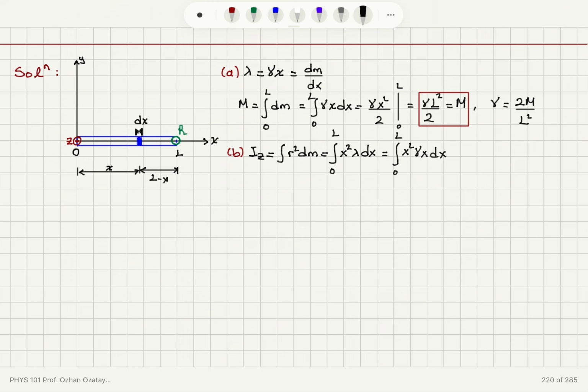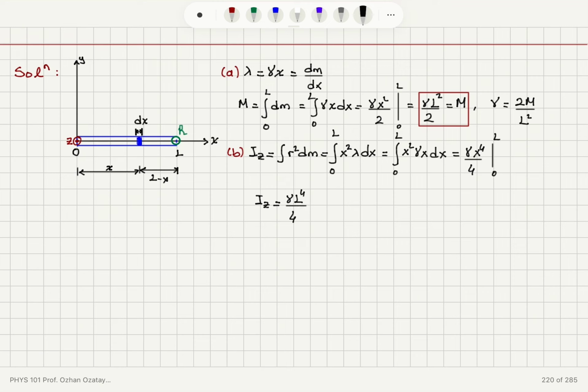Gamma x is my lambda, so this will be gamma x to the 4th power divided by 4, evaluated between x equals 0 and x equals L. So I find that the moment of inertia with respect to the z-axis is gamma L to the 4 divided by 4.